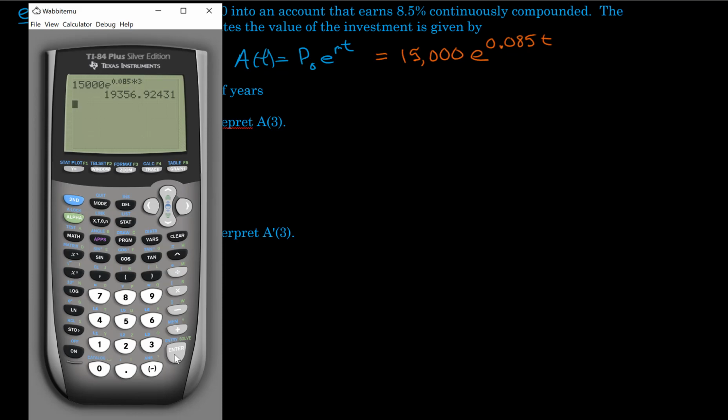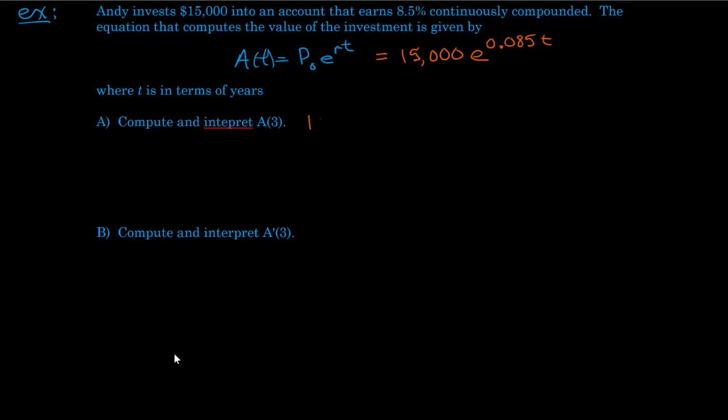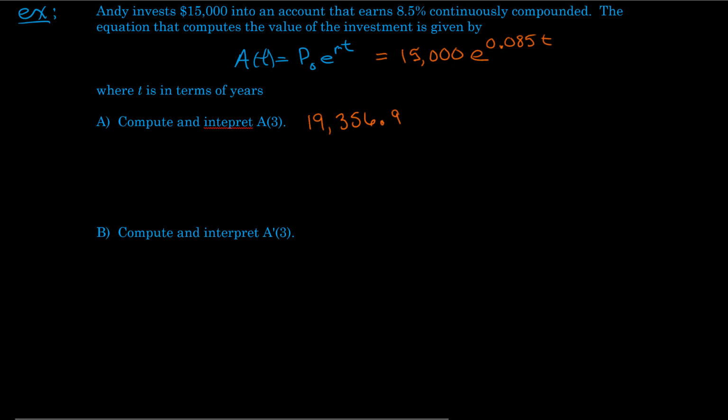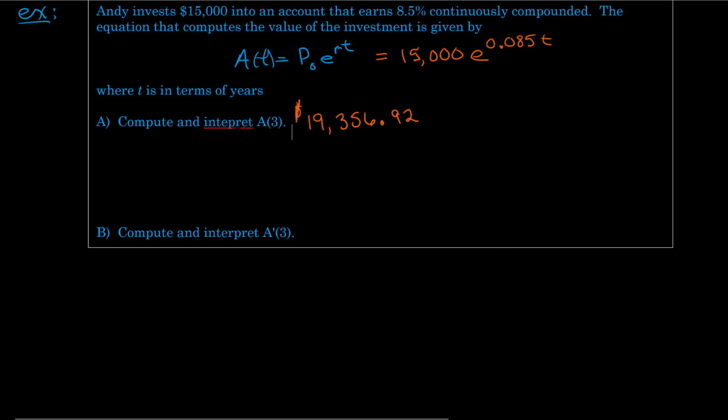$19,356.92. So let's see if I can remember that. $19,356, and I forget how many cents that was, but we can get it back pretty easily. There it is, 92 cents. Okay, so it says compute it. There we go. Interpret it. Yeah, we need to figure out what this number means.